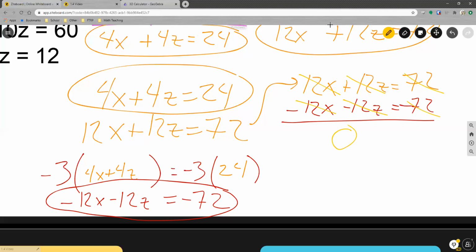I get 0 equals 0. I don't have to continue any farther at this point either. It doesn't really matter what x and y are. I've got infinite solutions. And I'm done.